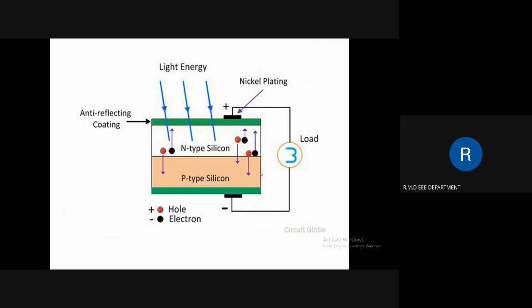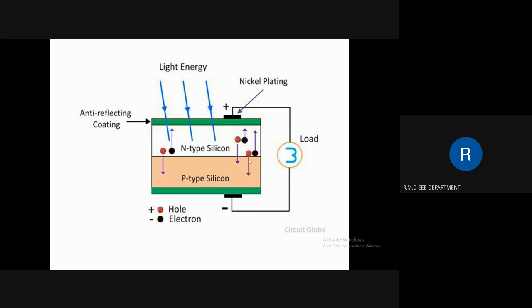Construction of this photovoltaic cell: the semiconductor materials used are arsenide, indium, cadmium, silicon, selenium, and gallium, but mostly silicon and selenium are used. In the construction, the upper surface of the cell is made of a thin layer of p-type material so that light can easily enter the material.